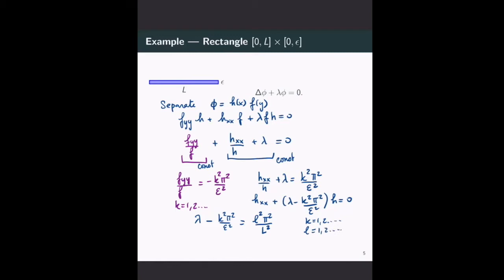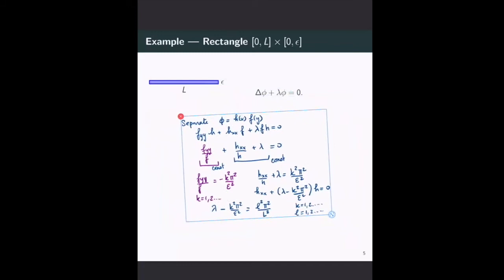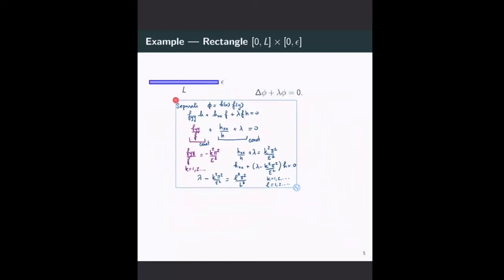So what is the smallest eigenvalue? Let me make some more room. Okay, so the smallest eigenvalue, lambda 1, is k is 1, and L is 1.